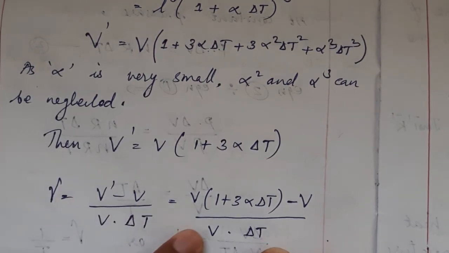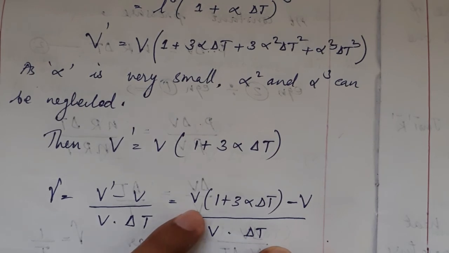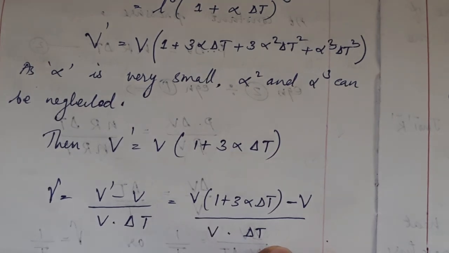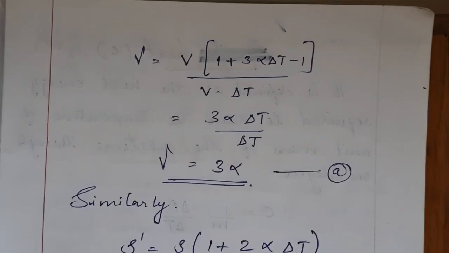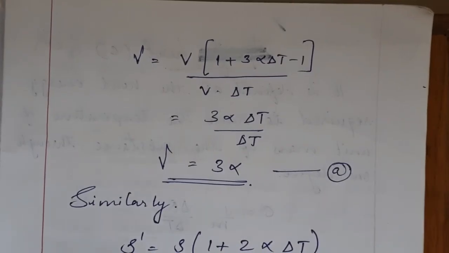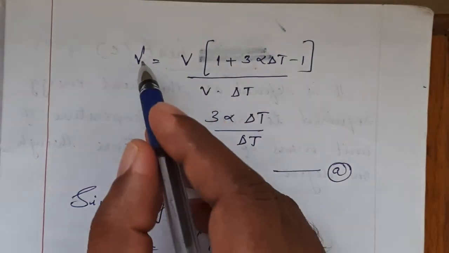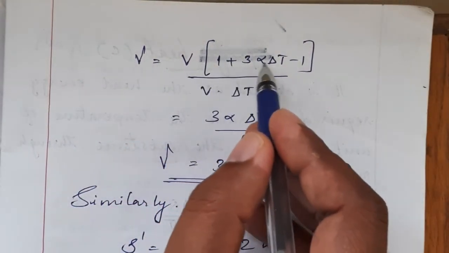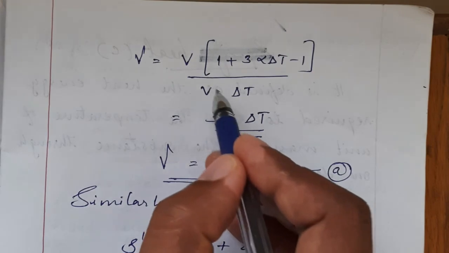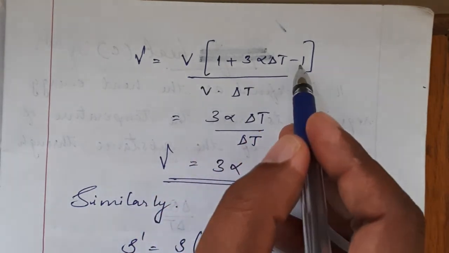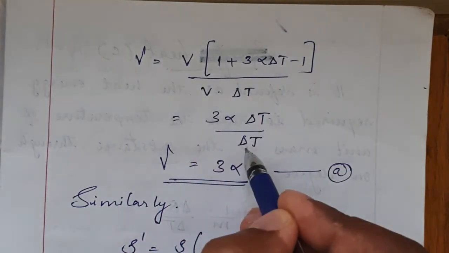So if I substitute this, I get V into 1 plus 3 alpha delta T minus V divided by V delta T. So from this we will get gamma is equal to V into 1 plus 3 alpha delta T minus 1 by V delta T. V and V cancel, 1 and 1 cancel, 3 alpha delta T by delta T, that is 3 alpha.